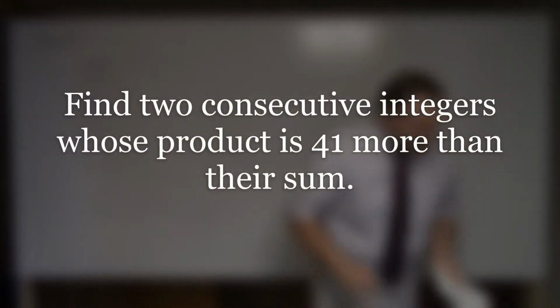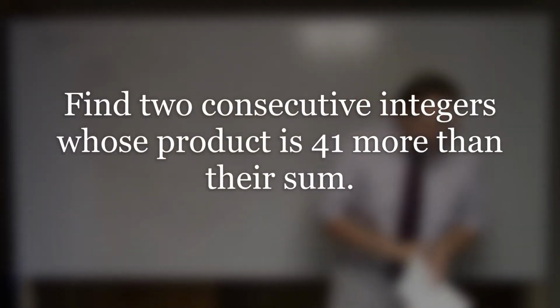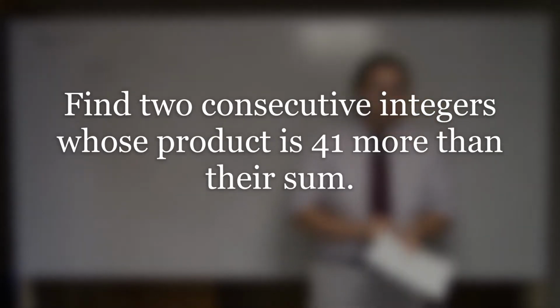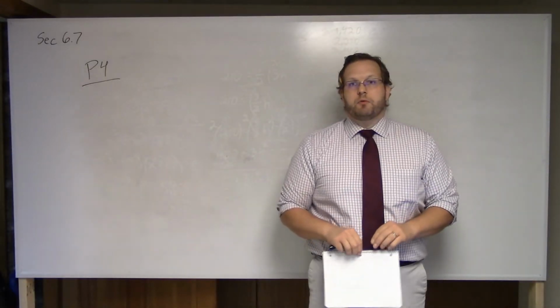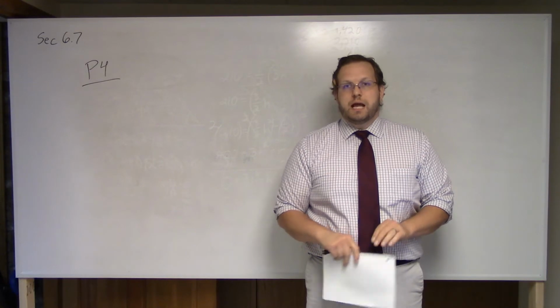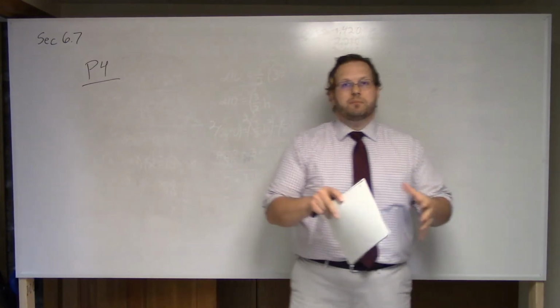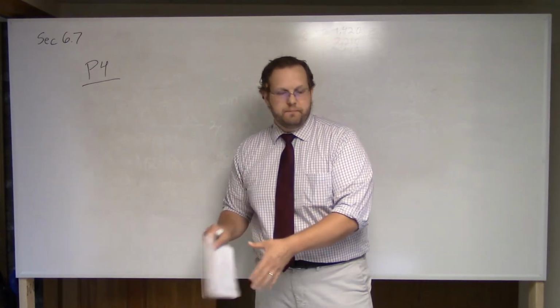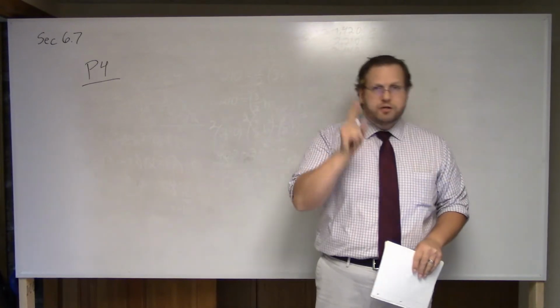We've got: find two consecutive integers whose product is 41 more than their sum. Now remember, integers are just whole numbers, and when we're talking about consecutive ones, we're talking about one after the other after the other. Now, we're talking about two consecutive integers.